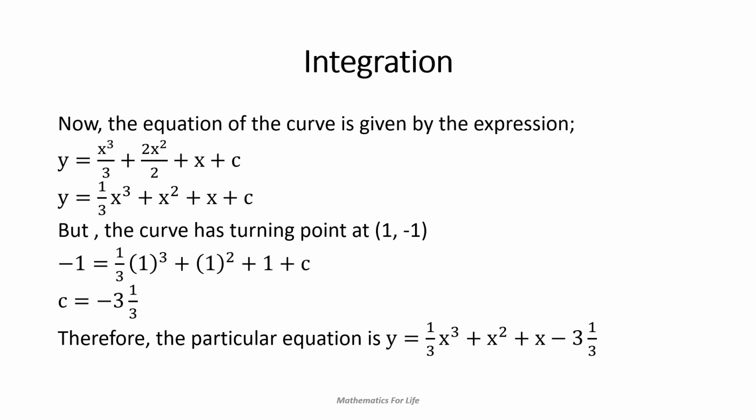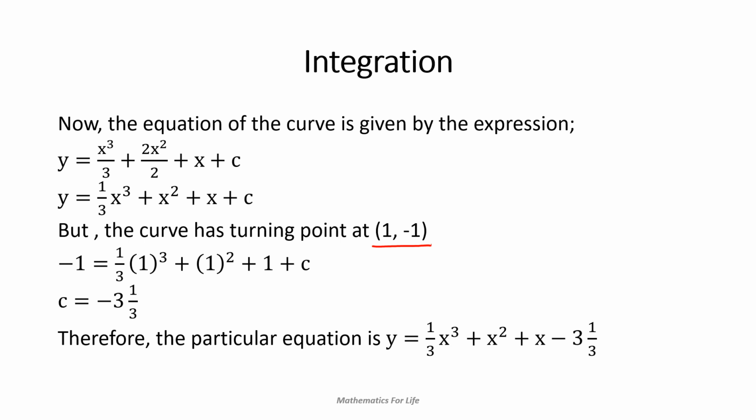Now, as already mentioned, the curve has the turning point at the point (1, -1). So we shall use this particular point to determine the arbitrary constant c by substituting this point in the general equation of our curve, and that is going to give us -1 equals a third in brackets 1 cubed plus 1 squared plus 1 plus the arbitrary constant c.